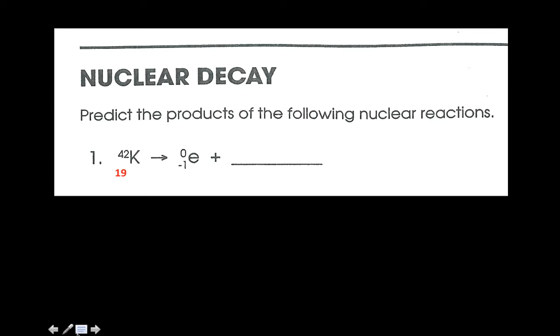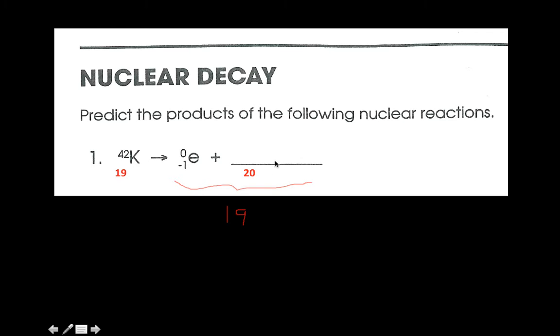This side on the bottom has to equal 19 as well. So we go 19 minus 1, which means plus 1, and we have the number 20. 20 plus minus 1 is 19, which equals the other side.